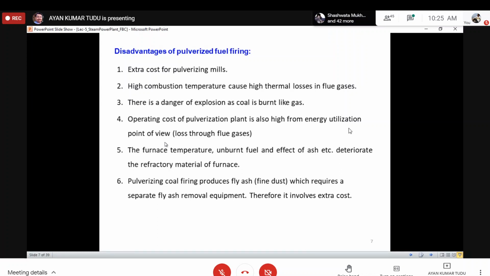Okay, so the furnace temperature, unburned fuel, and the effect of ash actually deteriorate the refractory material of the furnace. And pulverized coal firing produces fly ash, which requires a separate fly ash removal arrangement, because of which it again will be involving extra cost. Understood? Okay, so these are the disadvantages of pulverized fuel firing.